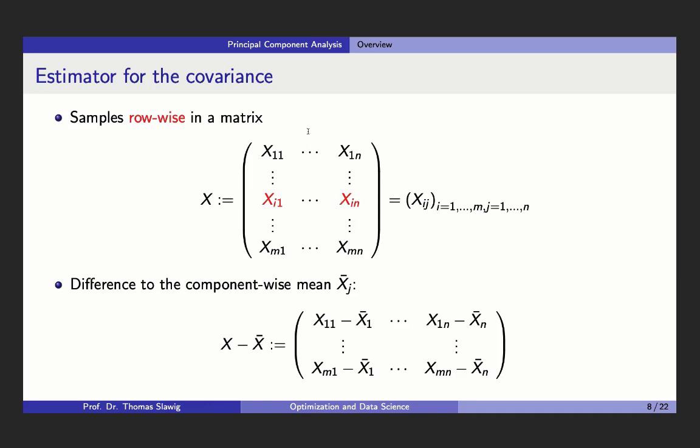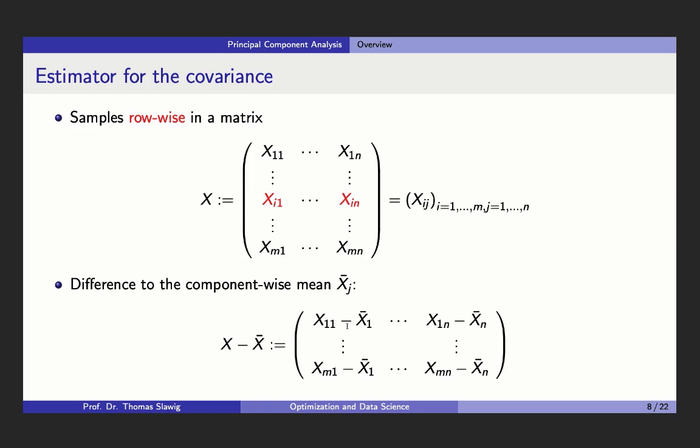And here is again how I put this data into a matrix. I can do it as I like. Here I put the samples row-wise in a matrix, so the second index indicates the spatial point, and so I have one sample, one element of the sample, here another one, and so on. And of course I can also compute the difference between the data matrix and the mean, and I get this matrix here.